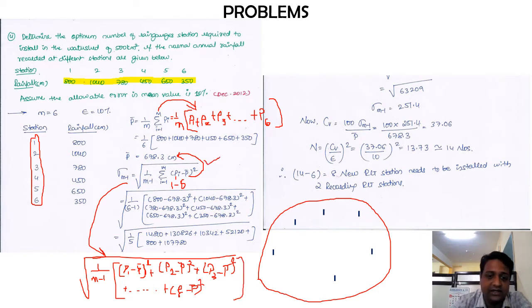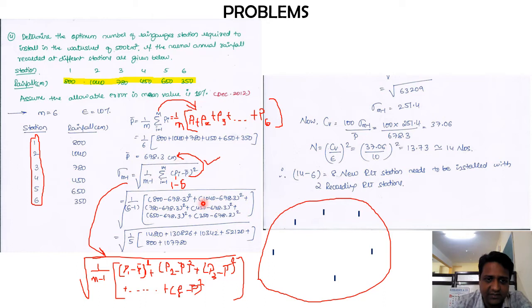So the same thing when you visualize it over here. The next step, I have just written down these numbers. Based on that, we have 1 divided by m minus 1, that is 1 divided by 6 minus 1, into bracket we have 800, that is nothing but the p1, minus 678.3 the whole squared, that is the p bar.